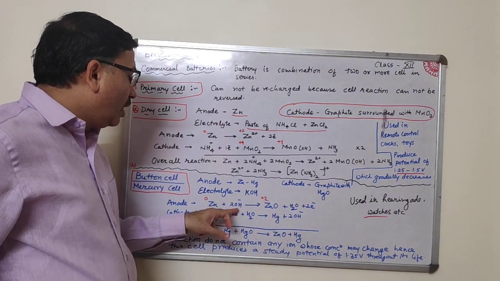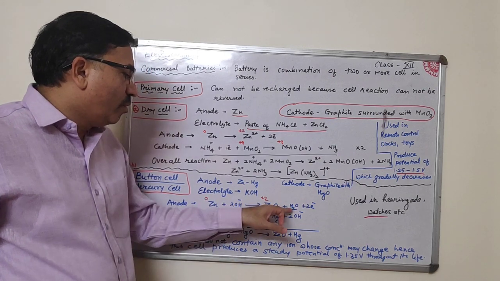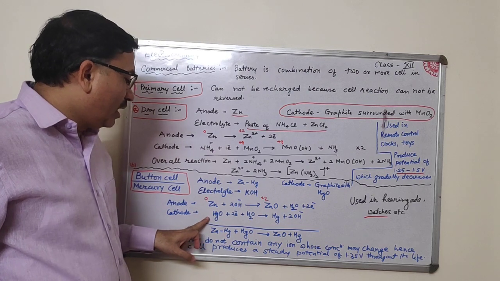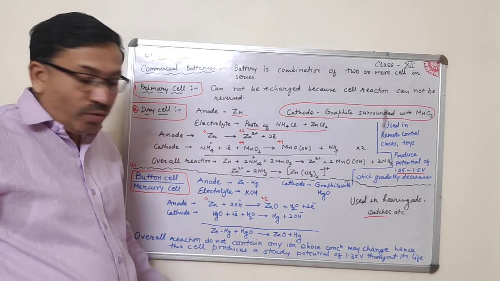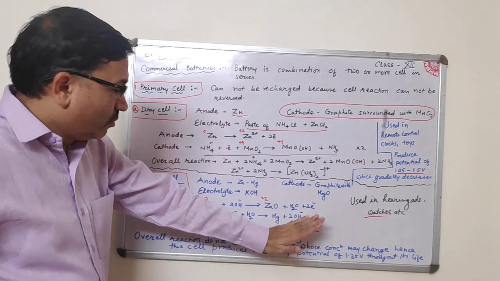The OH minus ion from the KOH electrolyte reacts, forming H2O and 2 electrons. At the cathode, HgO gains 2 electrons and reacts with water to form Hg and 2 OH minus.